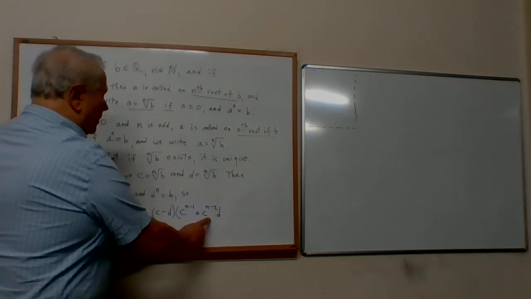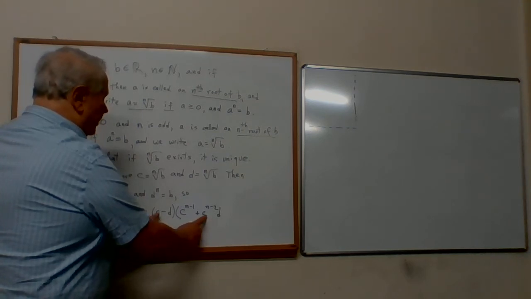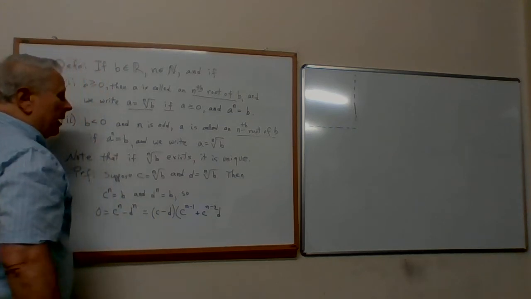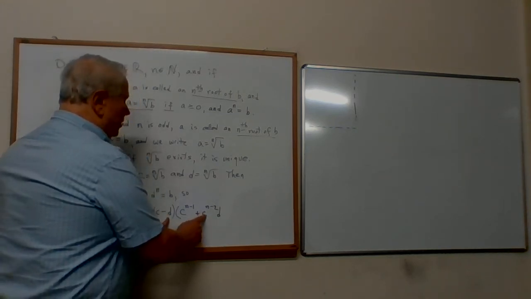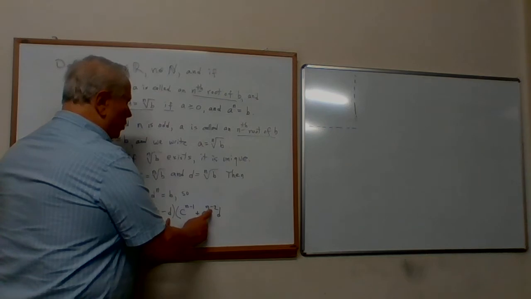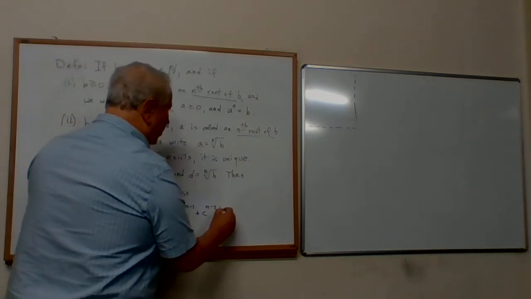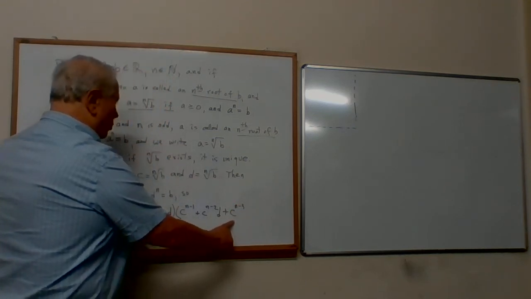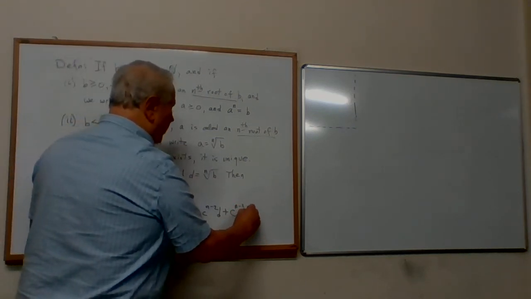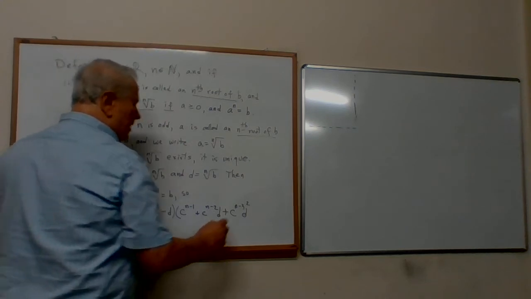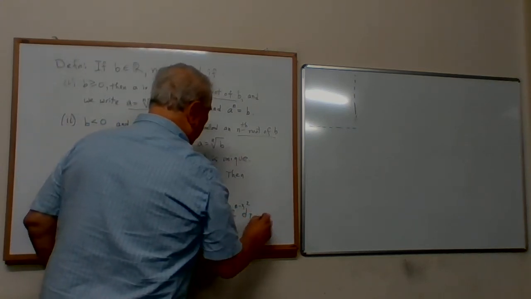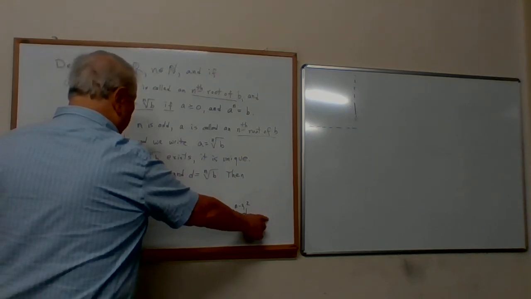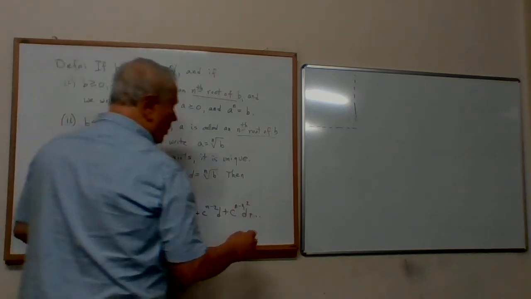And so I have it in the cross term, c to the n minus 1 times d with a plus sign. But now I'm stuck with minus c to the n minus 2 times d squared, so I'm going to need a plus c to the n minus 2 times d squared. And that continues all the way until I get to the d to the n minus 1.